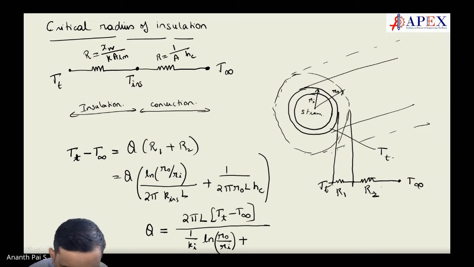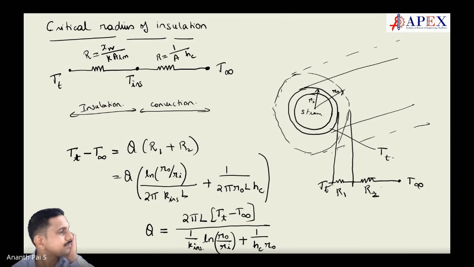You understand? 2 pi L comes outside, into 1 by Hc into R naught. K insulation. Okay. K insulation. Correct. Simple. Take time. Understand.